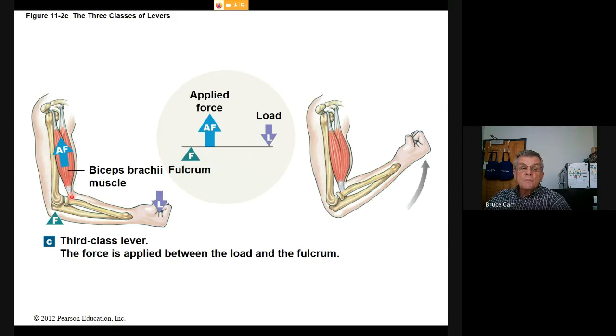When you shorten this muscle, you're basically going to pull the radius in this direction, the direction of the arrow. That flexes the elbow, as you see here, as the muscle shortens. So the third-class lever with the applied force in the center allows a great connection for hinge joints.